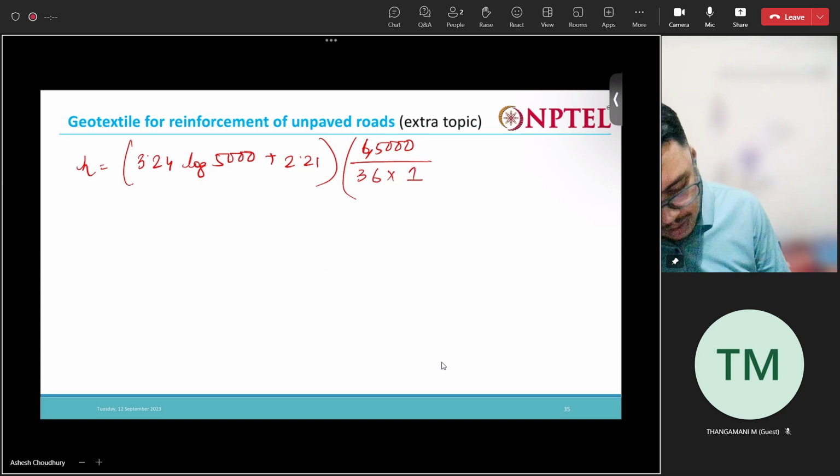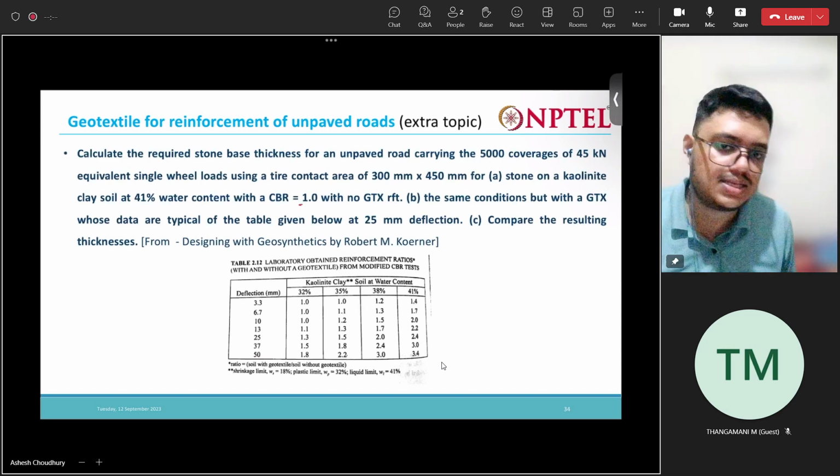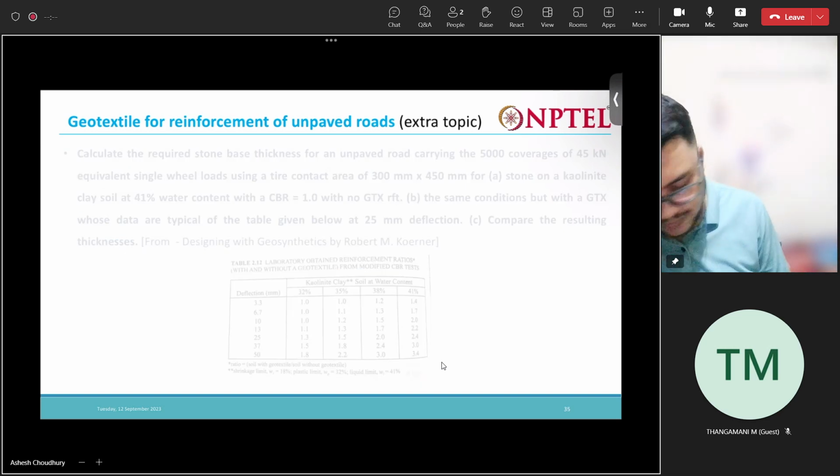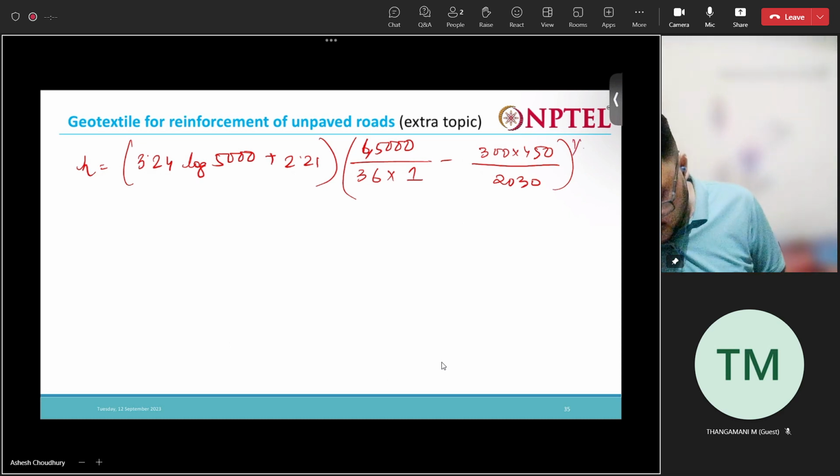What is the CBR? The CBR is 1 for the virgin soil, minus area, or tire contact area, by 2030, to the power 1 by 2. So from here if we calculate, we will get H.